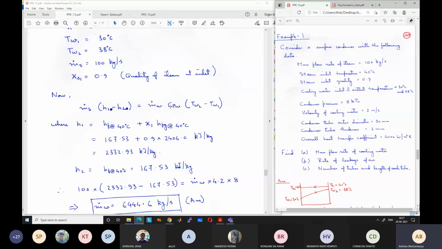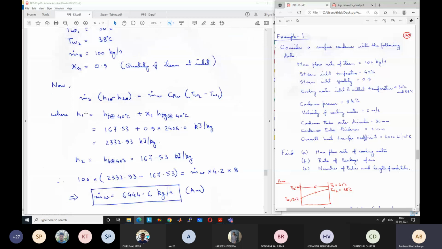So H1 from the steam tables is HF at 40 degree plus X1 into HFG at 40 degree centigrade. Because I have time, I will go to the steam tables at 40 degree centigrade.